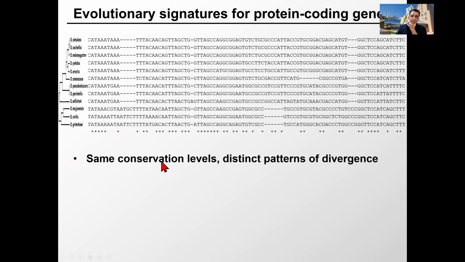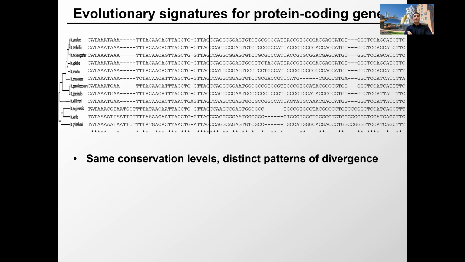So here I'm showing you a transition between a protein coding sequence and a non-coding sequence. And your goal is to figure out which half of this sequence is protein coding and which half is non-coding. Okay? So what do we know about protein coding regions?